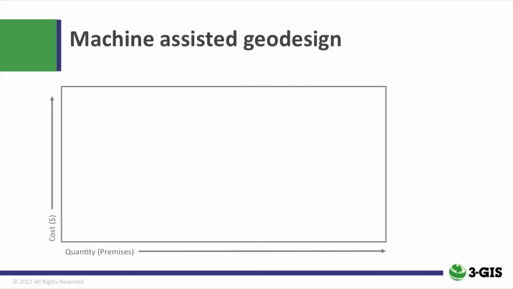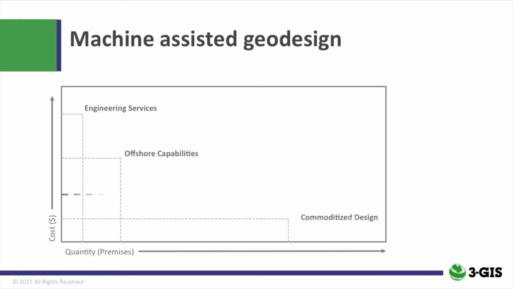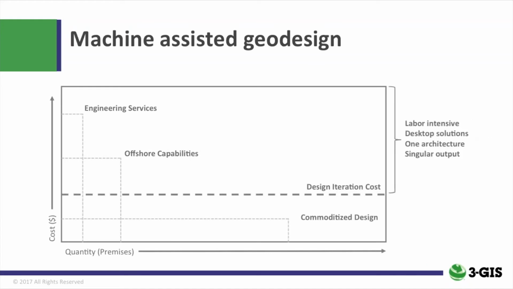So as we've looked at machine-assisted geodesign, what we've seen in the market is that it all started out with the engineering services taking care of all of the design, but what they saw was a really high cost with very little throughput. So not quite as many premises as they desired were designed in the time frame that they had to meet.